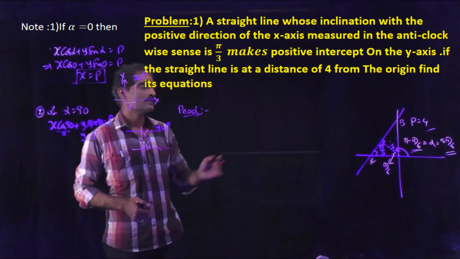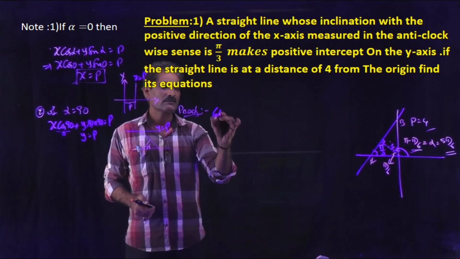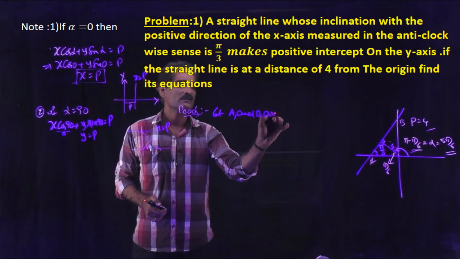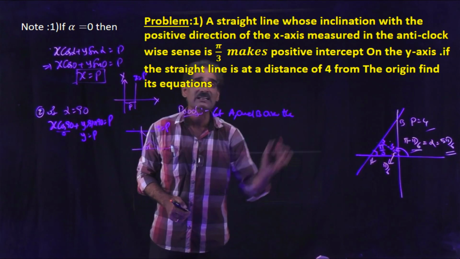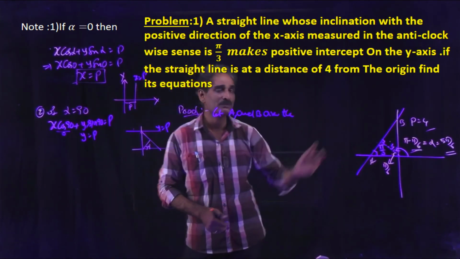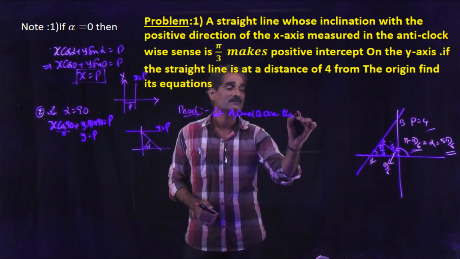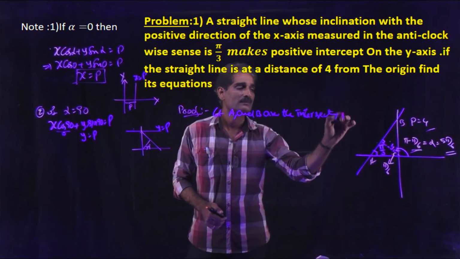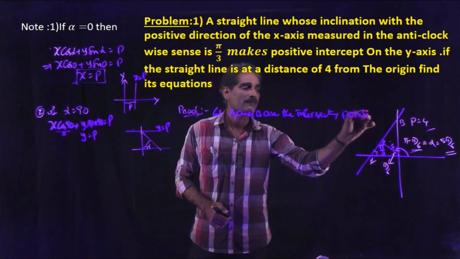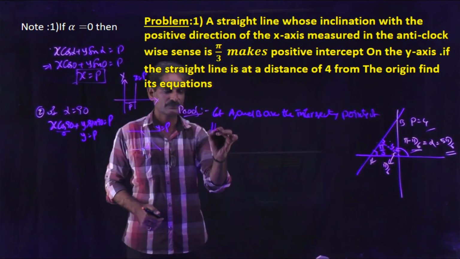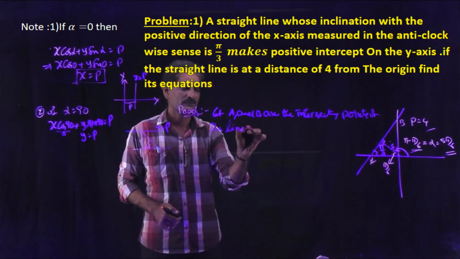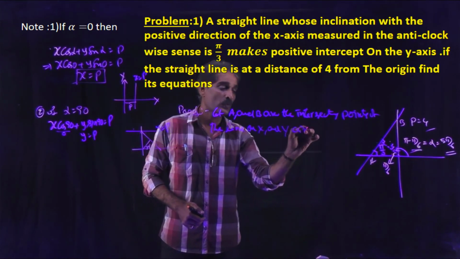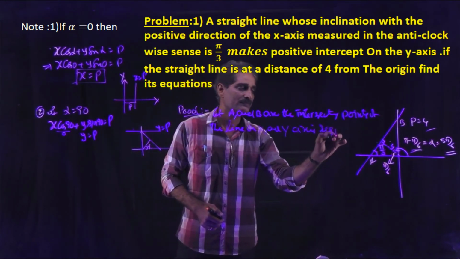Let capital A and B be the intersecting points with the x-axis and y-axis respectively.